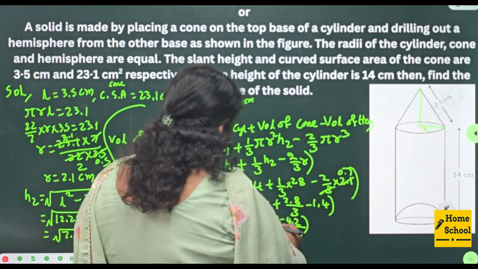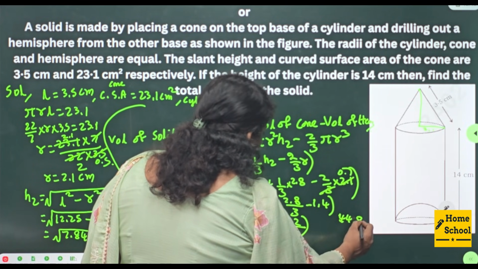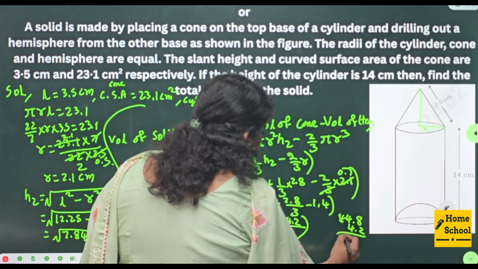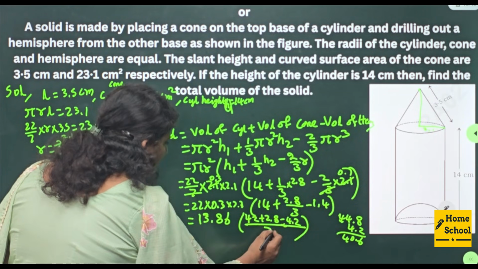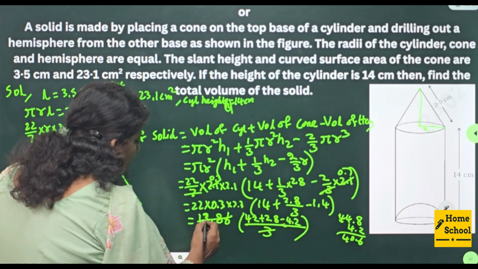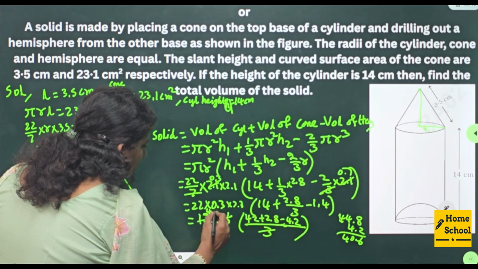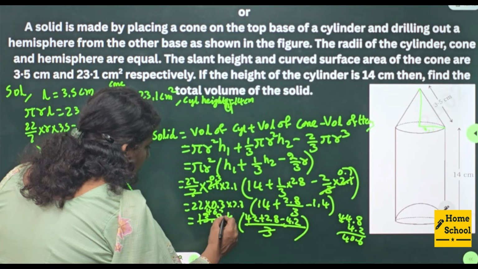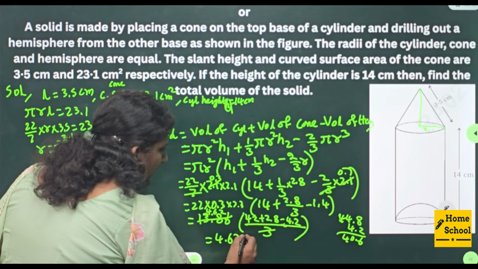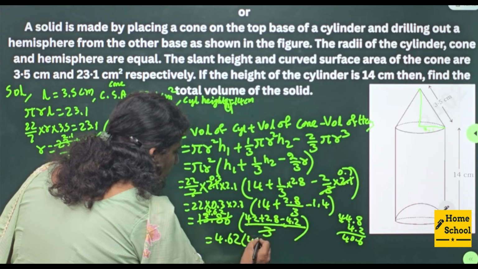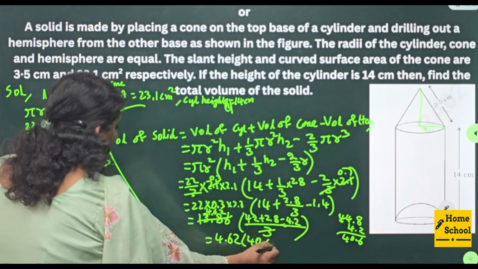Then 42 plus 2.8 is 44.8, minus 4.2 gives 40.6. And you can cancel this, children. 3 4s are 12, 3 6s are 18, 3 2s are 6, so 4.62 into what are we left with? 40.6. Now let me multiply here.